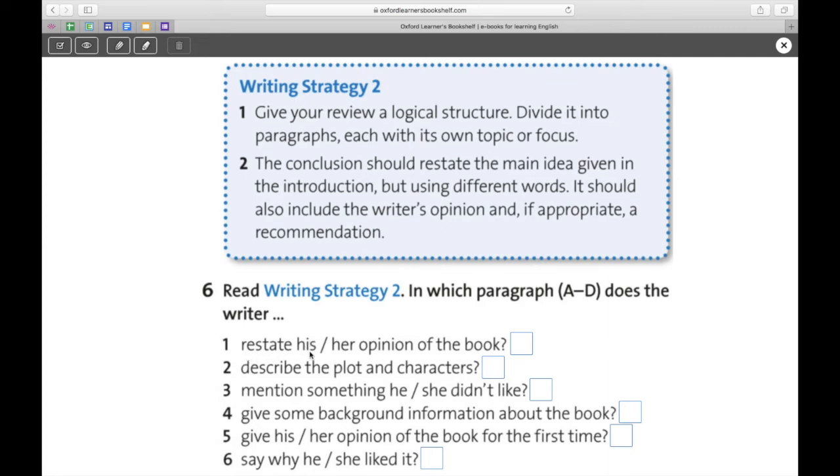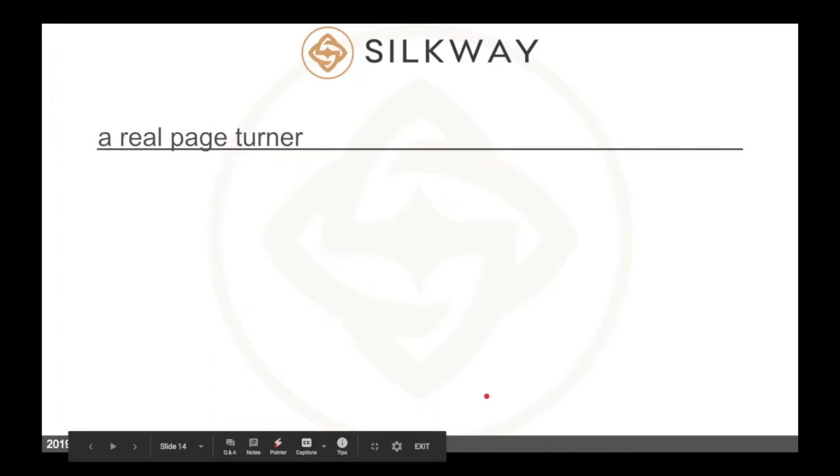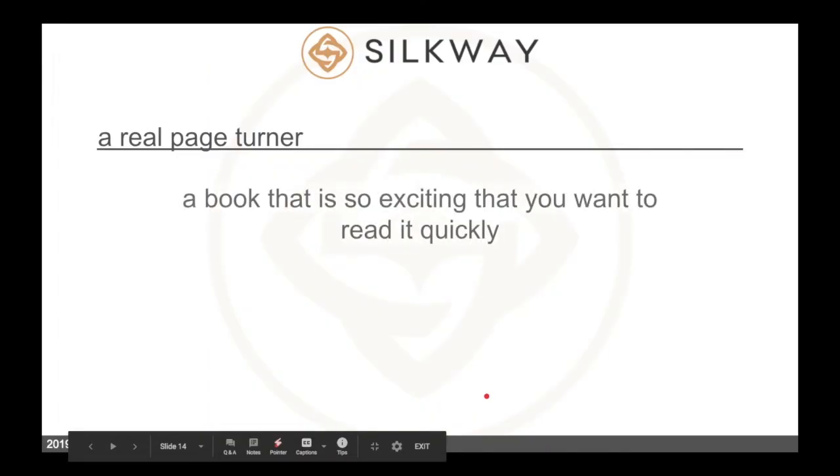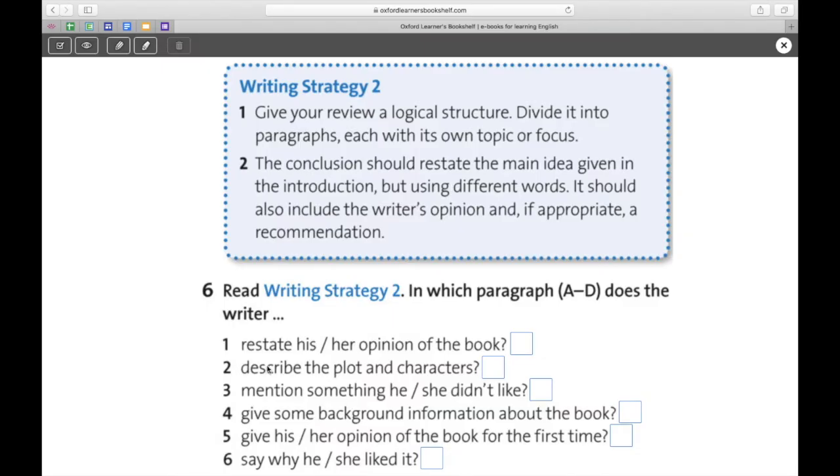So here, restate his or her opinion of the book. Where do we usually restate our opinion, okay? We should restate it in a conclusion. So let's go and see it in D, right? All in all, this book is a real page turner. By the way, a real page turner means a book that is so exciting that you want to read it quickly.